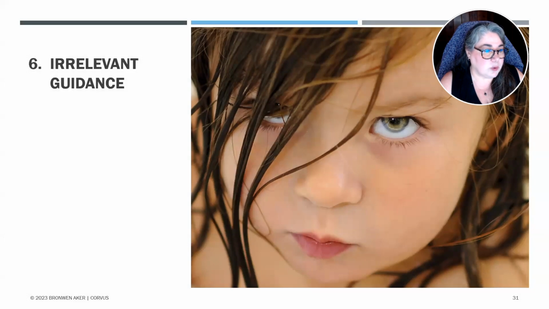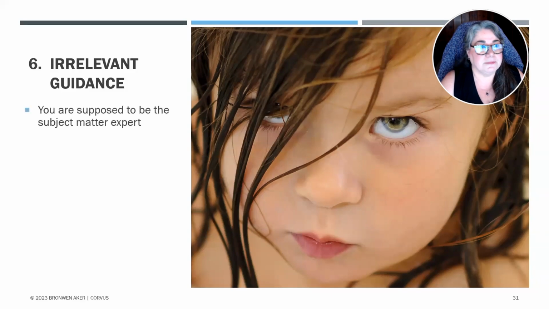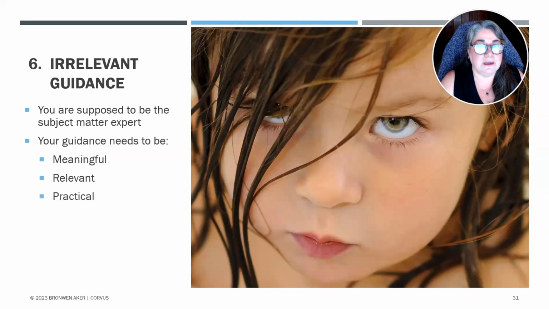This one is one that is not so easy to solve. Irrelevant guidance. A company, anyone with any amount of technical skill, they can run their own scans. You're supposed to be the subject matter expert. So your guidance needs to be meaningful, relevant, practical.